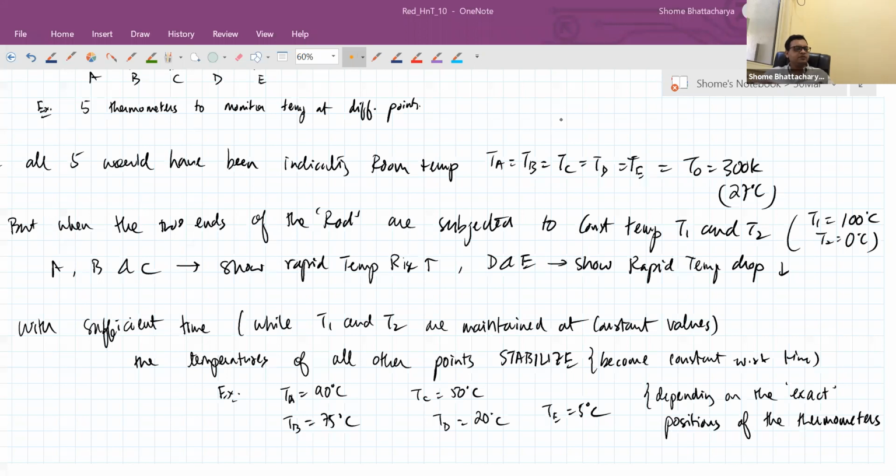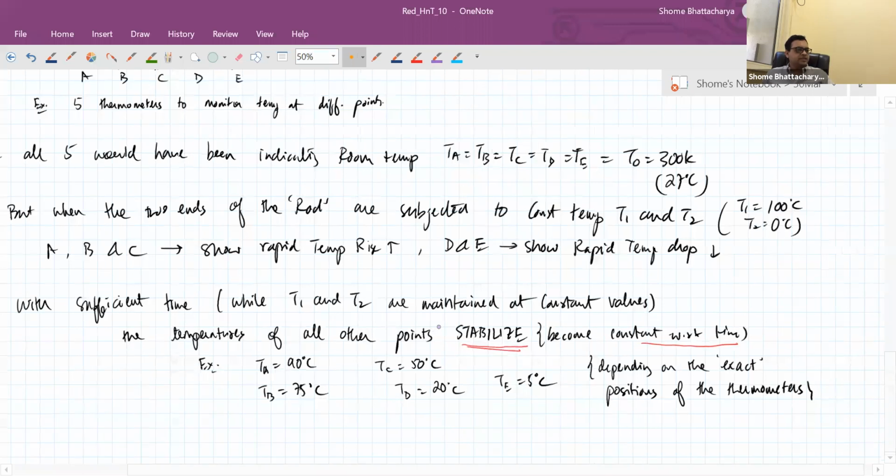They're all different values of temperature because the thermometers are at different locations. But the values are not changing in time. They are constant with respect to time. So that's what we mean by saying that the temperatures have stabilized. When that happens, we say by definition, the rod has reached steady state. So this is the condition for steady state.